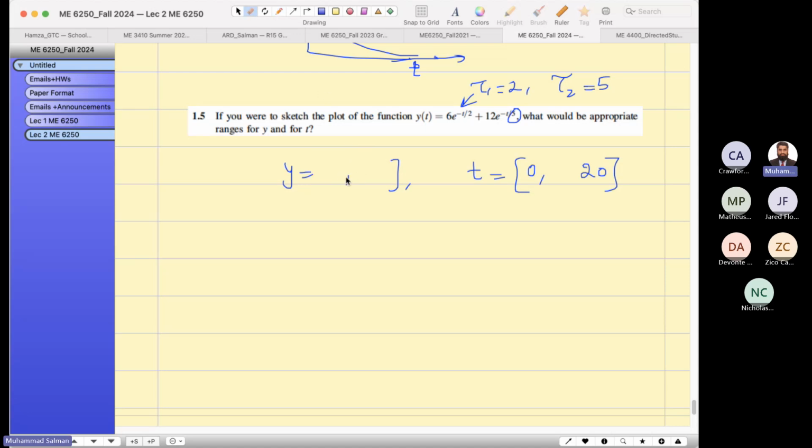Let's start from a smaller number, so it will show from 0 to 18. So this is our one-line question.